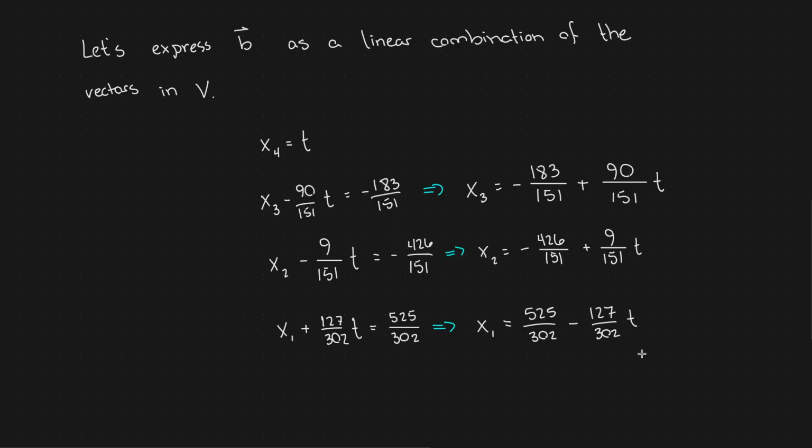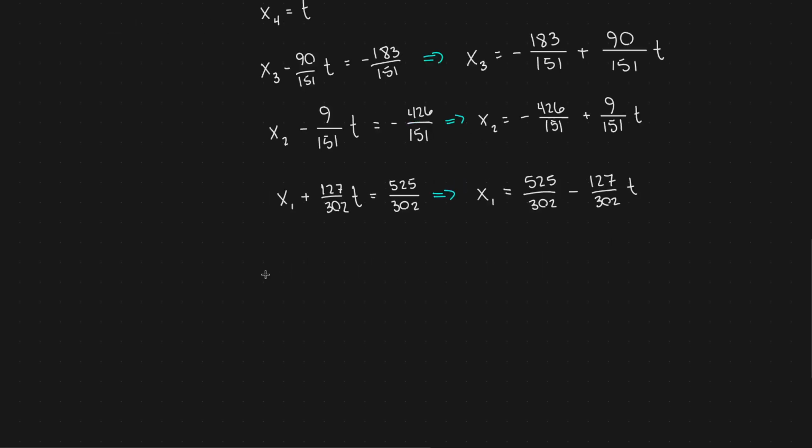Okay? So now I've expressed all of my x's, x1, x2, x3, x4, in terms of my free variable t, which means I can express the general solution to this system.